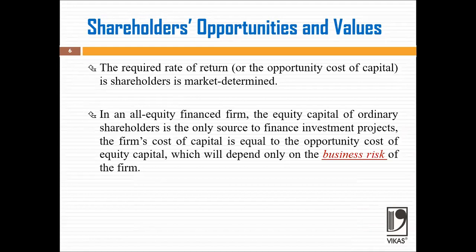Take a firm that is totally financed by equity. It means in that firm's capital structure there is no debt. The firm's cost of capital is equal to the equity capital cost of capital, right? It totally depends on business risk. In future, you will study what is business risk, what is operating risk, what is finance risk.